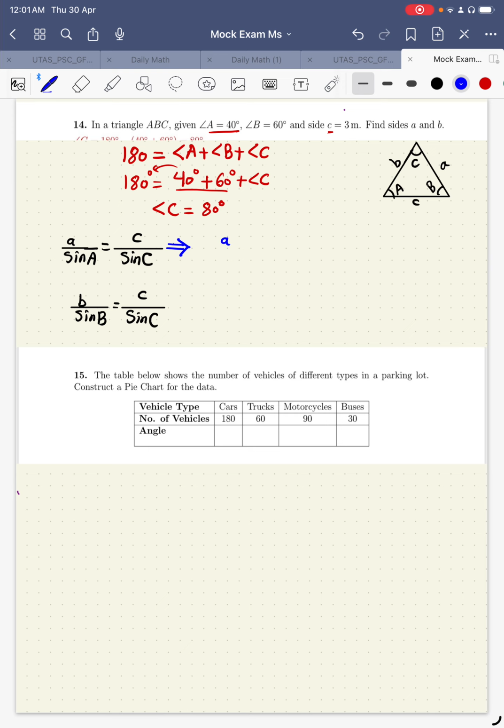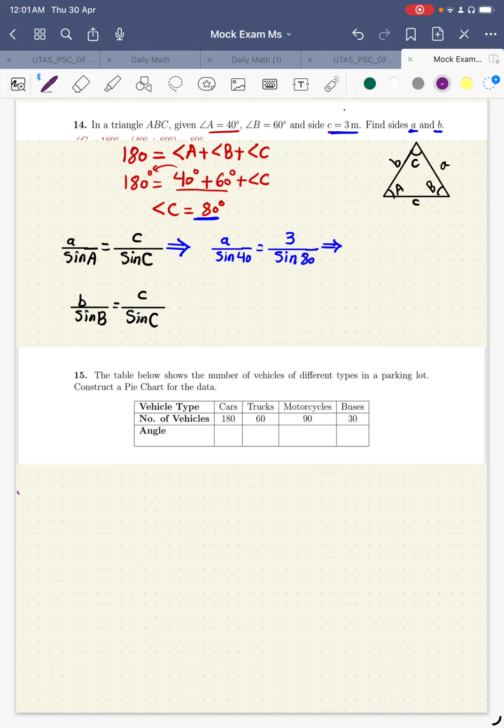So let's substitute what we know here. Small a, I don't know it. It is the thing I would like to find. So a divided by sine of capital A, which is given to be 40, equals small c, which is given to be 3, divided by sine of capital C, which we found to be 80. Now I'm going to do cross multiplication.